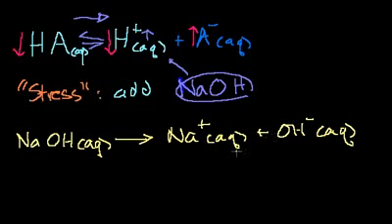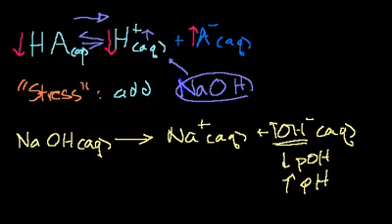And so all of a sudden you would immediately increase the quantity of OHs by essentially the number of moles of sodium hydroxide you're adding, and you'd immediately increase the pH, right? Remember, when you increase the amount of OH, you would decrease the pOH, and that's just because it's the negative log. So if you increase OH, you're decreasing pOH, and you're increasing pH.